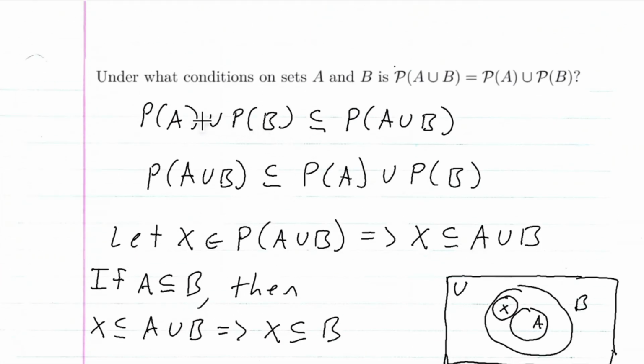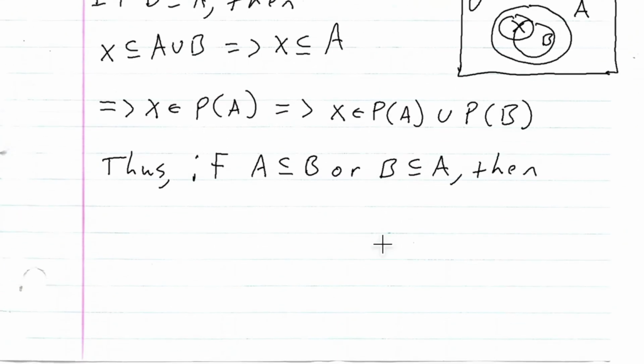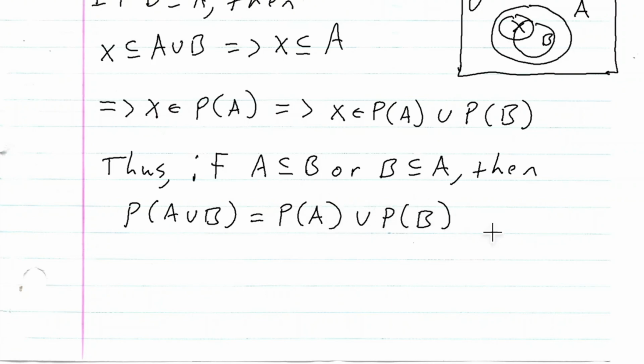And we already had that the power set of A union the power set of B was a subset of the power set of A union B. So if we have these two, then we know that the power set of A union B is equal to the power set of A union the power set of B, right?